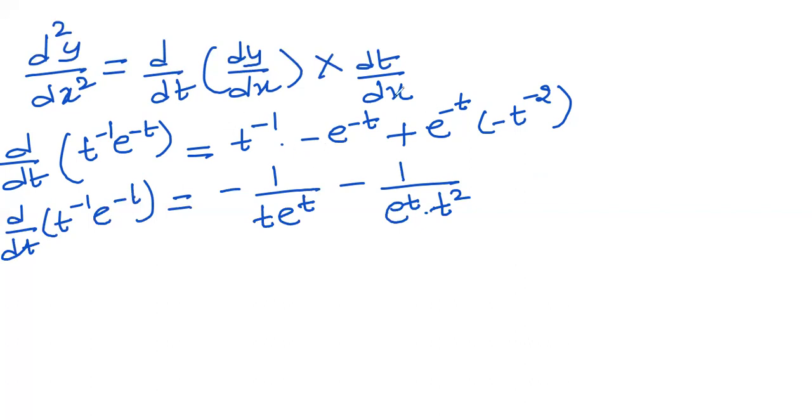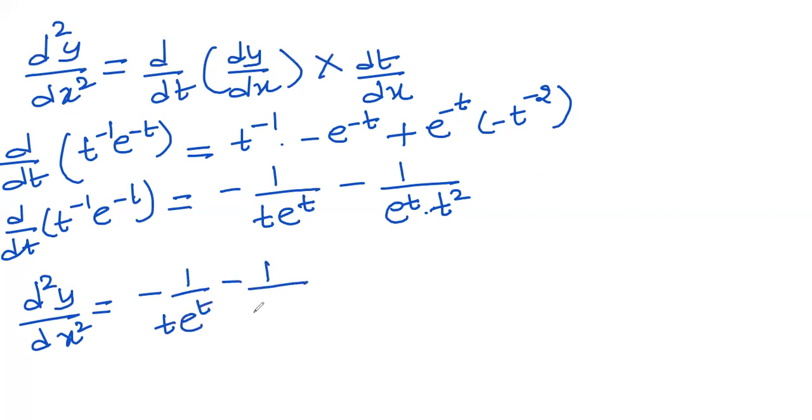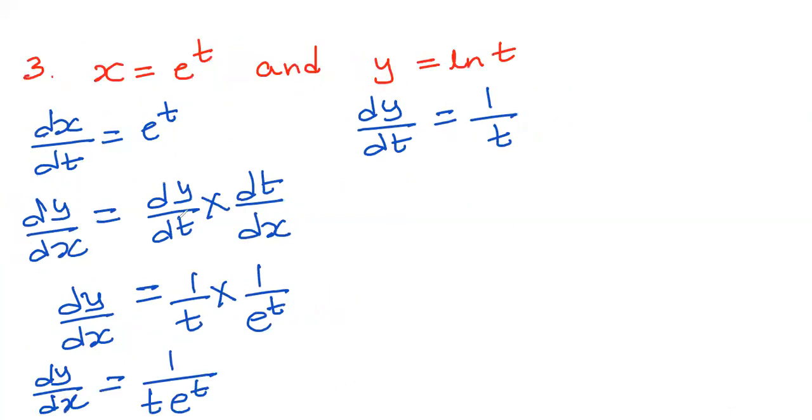So now we have to put everything together. We have d squared y over dx squared equal to, times 1 over e power t.